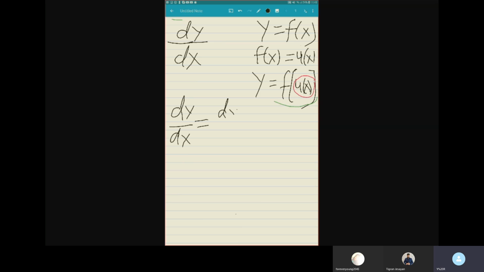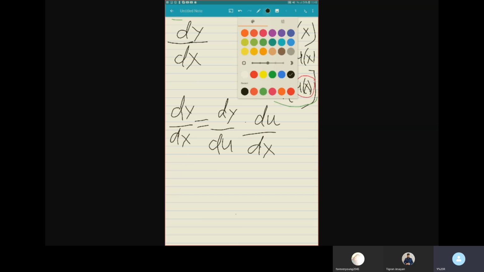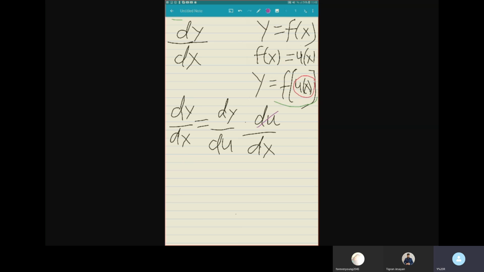So what we are doing is just splitting it: dy over du times du over dx. You see, eventually you can cross this one out, and what is left is dy over dx. This is the chain rule, the basic rule of the chain rule.